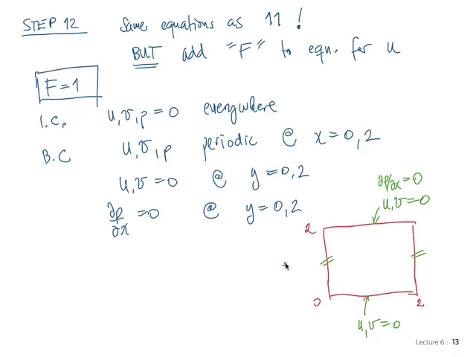And in addition, you have the source term in u, which is going to be this additional imposed flow, which is going to produce basically channel flow.